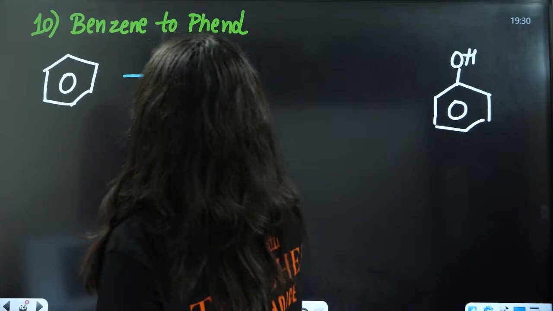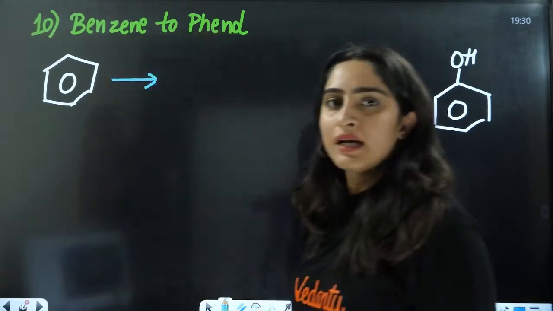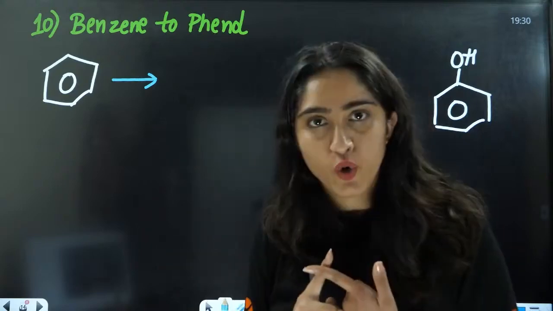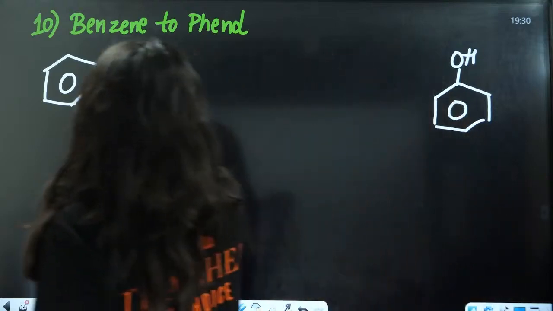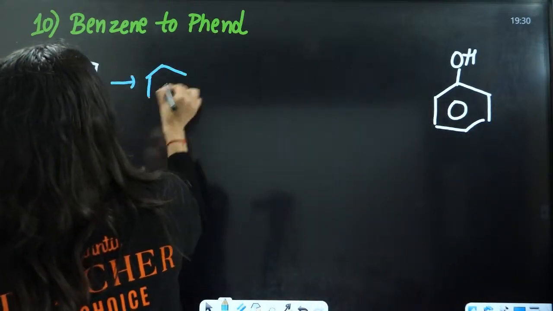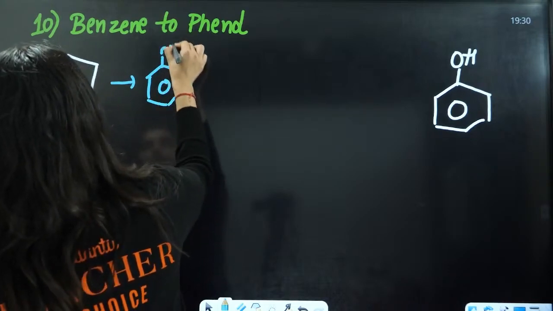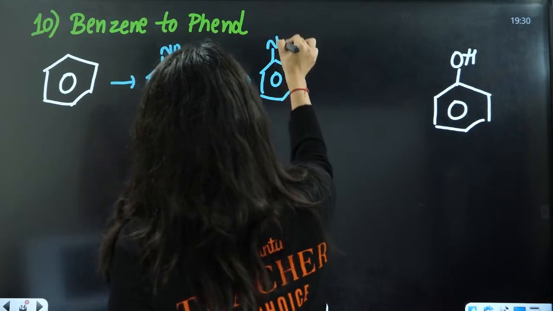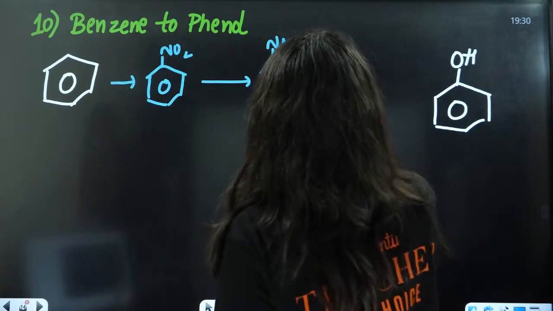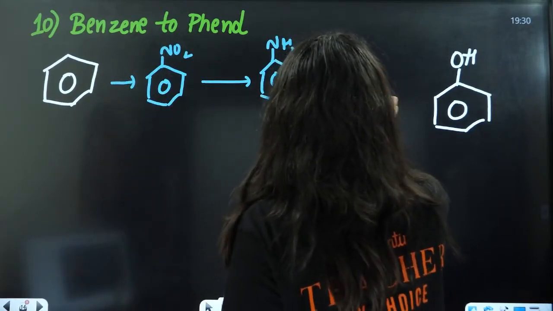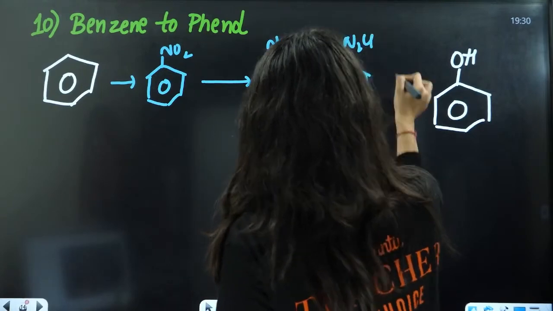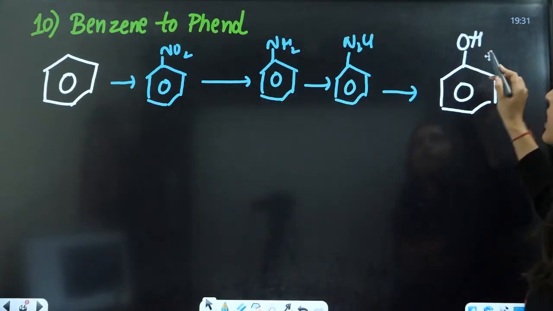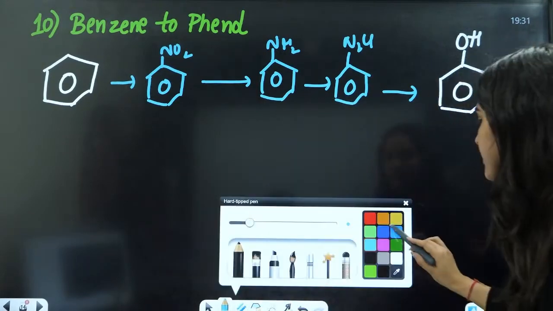You can convert it into nitrobenzene, then reduce it to aniline, then convert it into diazonium salt, that is N2Cl, then convert it into phenol here by warming it, right? This can be the first way.